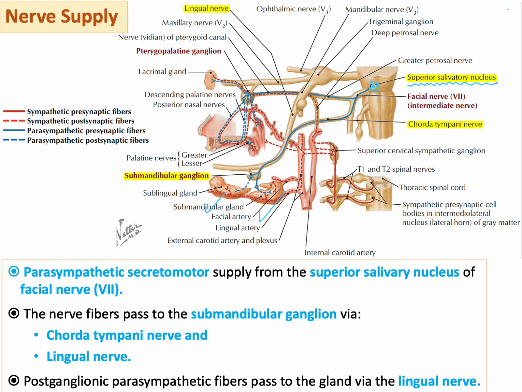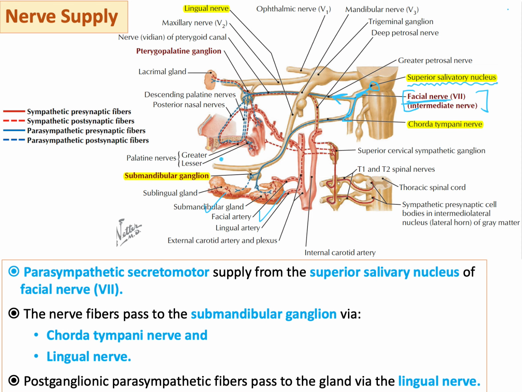From there, parasympathetic fibers pass through the facial nerve, which is important here, right? The parasympathetic fibers from the facial nerve now have two routes, one up and one below.